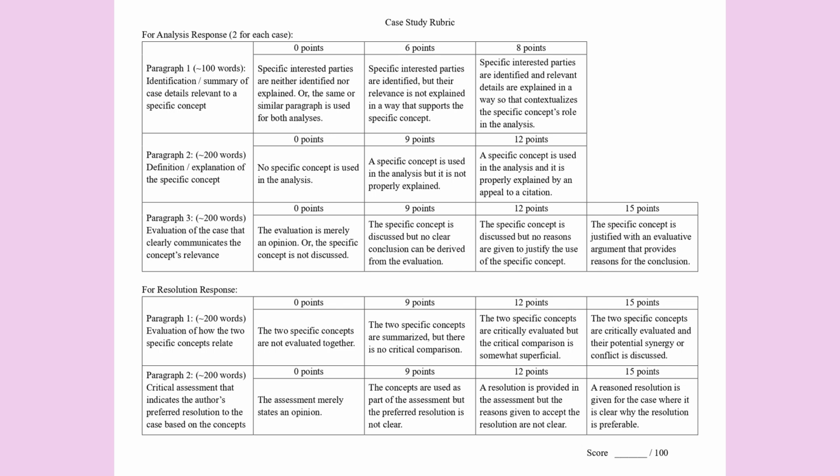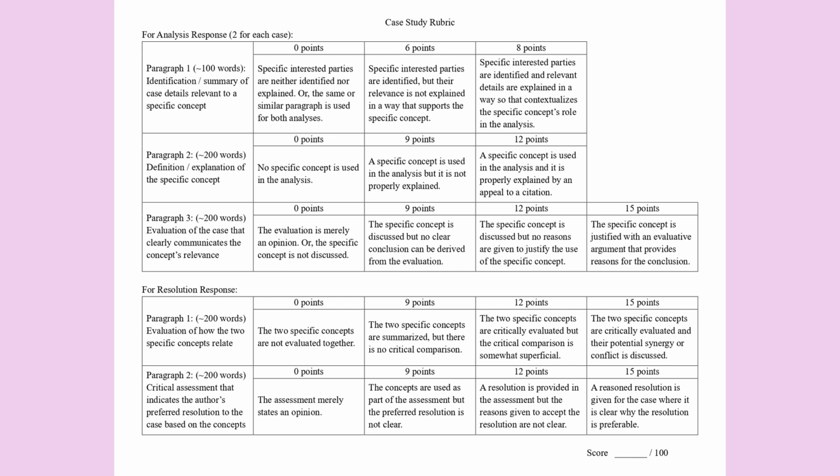That's it. So looking at the rubric, you'll see that there are two different sections here. There's the analysis response section. You'll end up having two of those for each case study. And then you have the resolution response. So there are 3 paragraphs for each analysis response section, and then 2 paragraphs for the final resolution response.